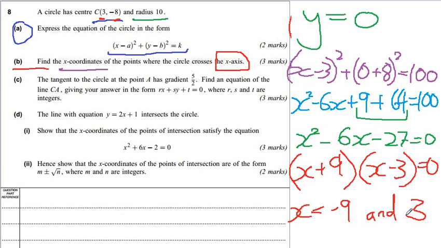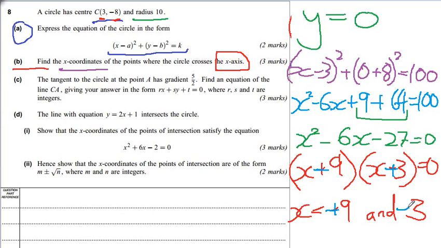Hang on, I've done that a little bit wrong. This is a minus 9 there, and this is a plus 3 in there, which obviously changes this to a plus 9 and a minus 3.